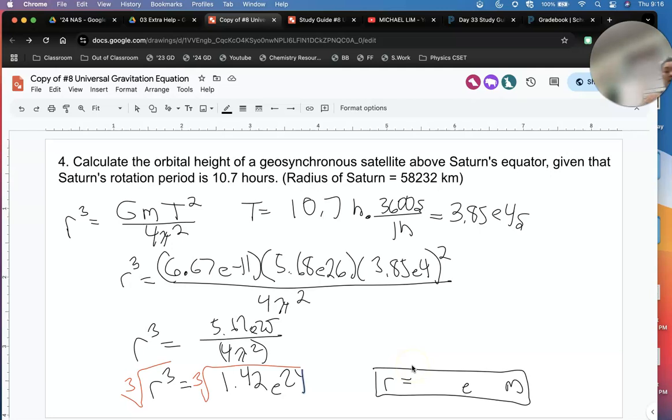Only do the first 3 digits: 1.12, and then what's the exponent? 8. And that's how you find the radius of a satellite above Saturn. It's going to be about 10 million meters away from the planet.